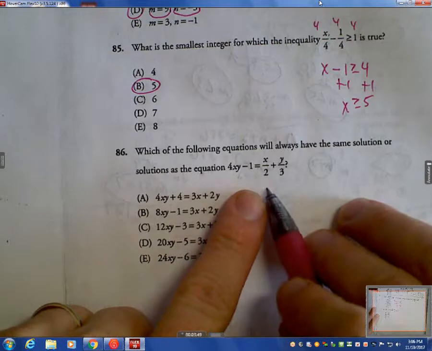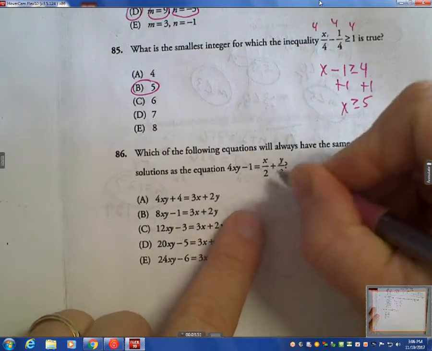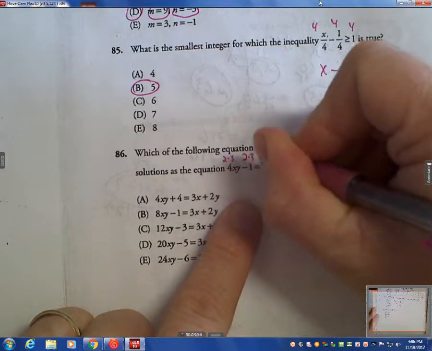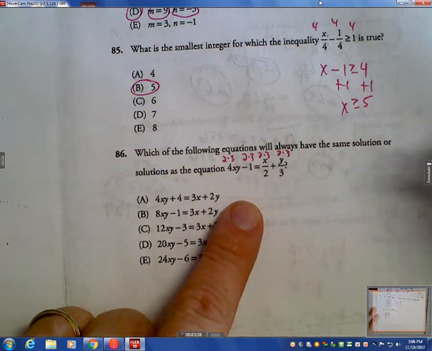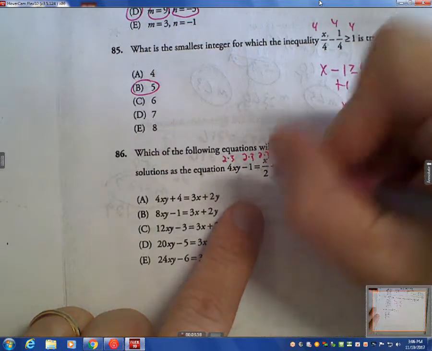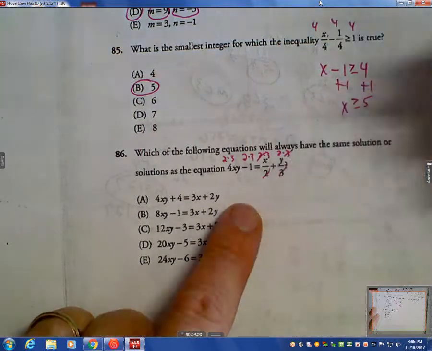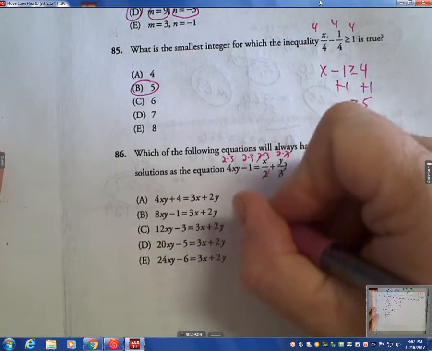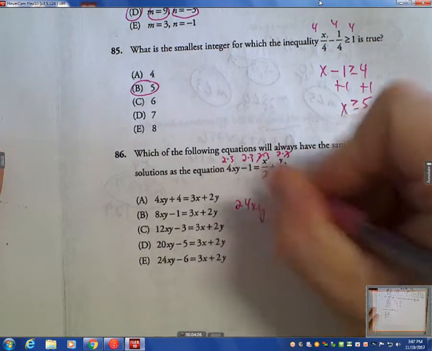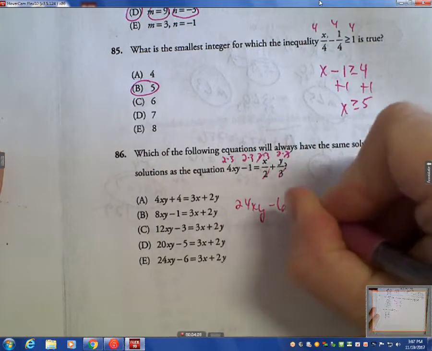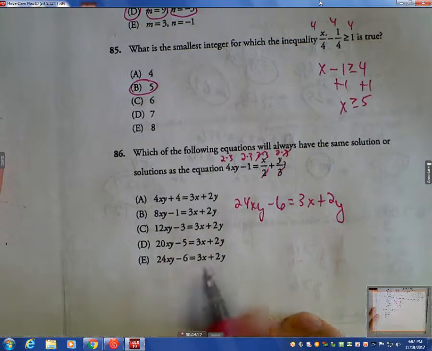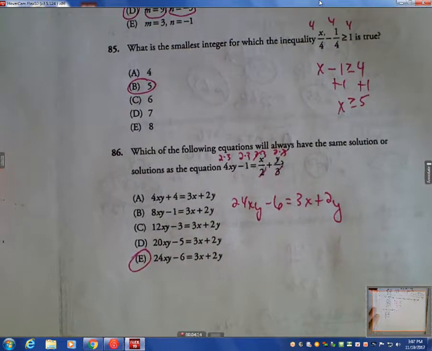They got rid of their denominators, so they're going to multiply everything by 2 and 3, just like I've taught you. So the 2's go away, the 3's go away. 2 times 3 is 6. 6 times 4 is 24xy minus 6 equals 3x plus 2y. These are identical.